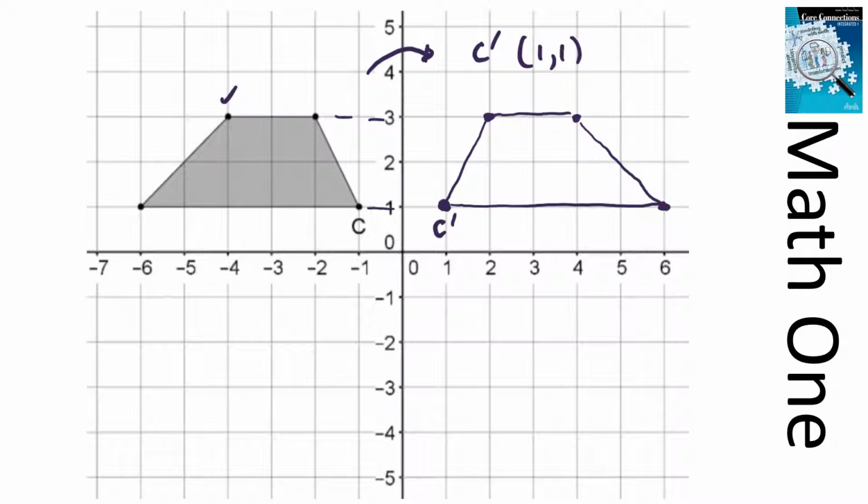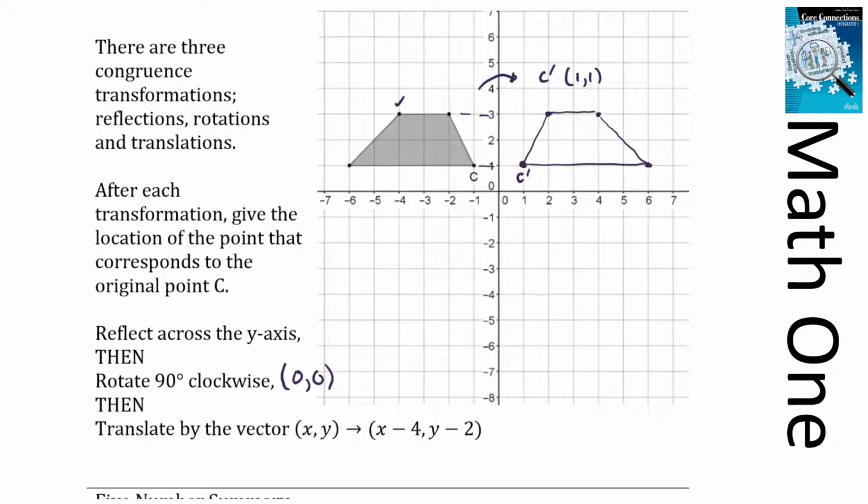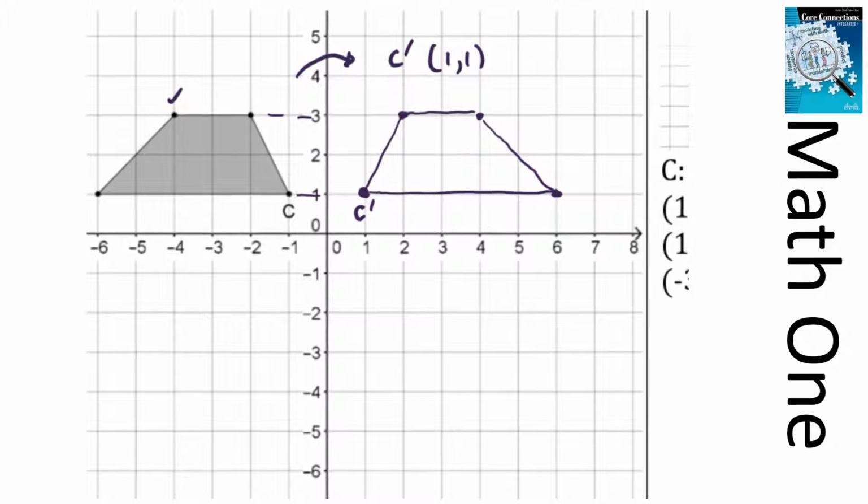Now I've got this point, and I'm asking, well, what happens now as I move this point forward? So the next transformation that I'm supposed to do is I'm supposed to rotate this 90 degrees clockwise about the origin. So if I'm here and I'm going to go 90 degrees this way about the origin with the entire shape, remember what happens with slopes, right?